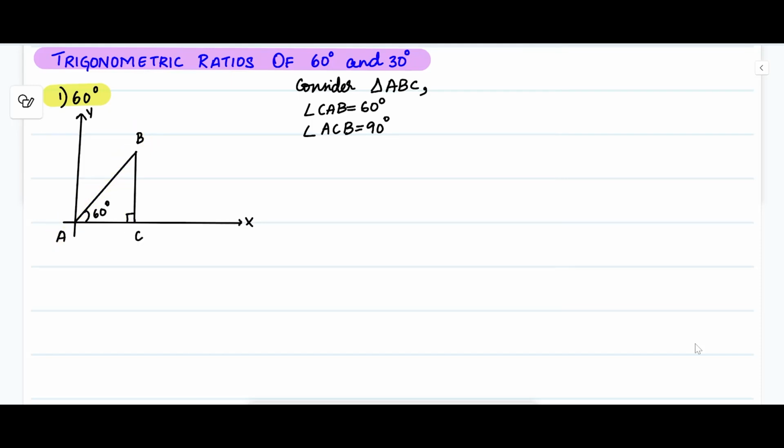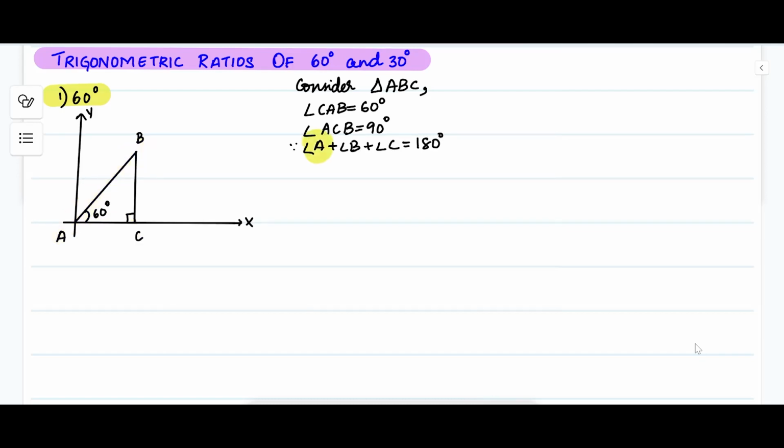So for that, we can use a rule that the sum of the interior angles of a triangle is always equal to 180 degrees. That is, angle A plus angle B plus angle C will be equal to 180 degrees. Angle A is CAB, our angle C is ACB and our angle B is ABC, which we have to find out.